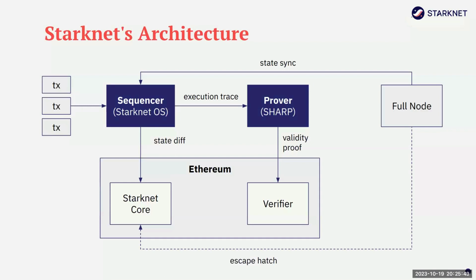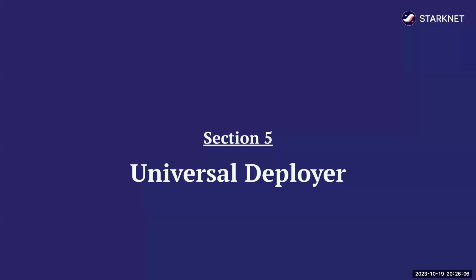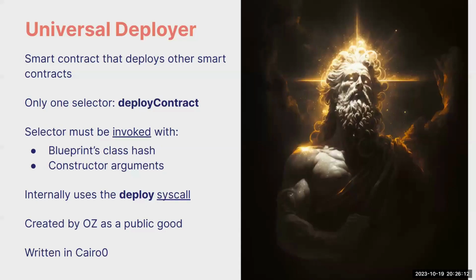When you write your Solidity code, you can deploy your smart contract, and then the EVM runs the required opcodes and has your contract deployed at a particular address. The universal deployer is what helps us deploy contracts in Starknet.